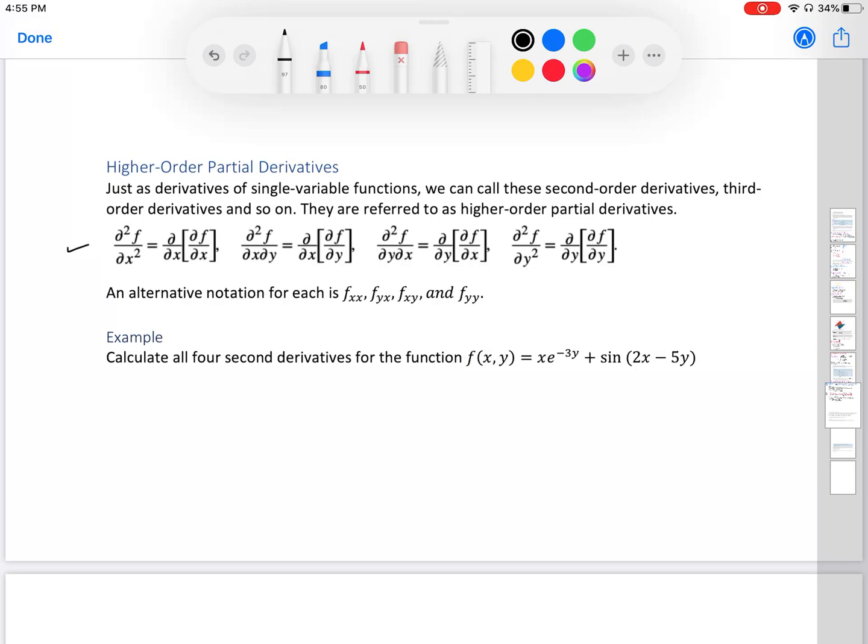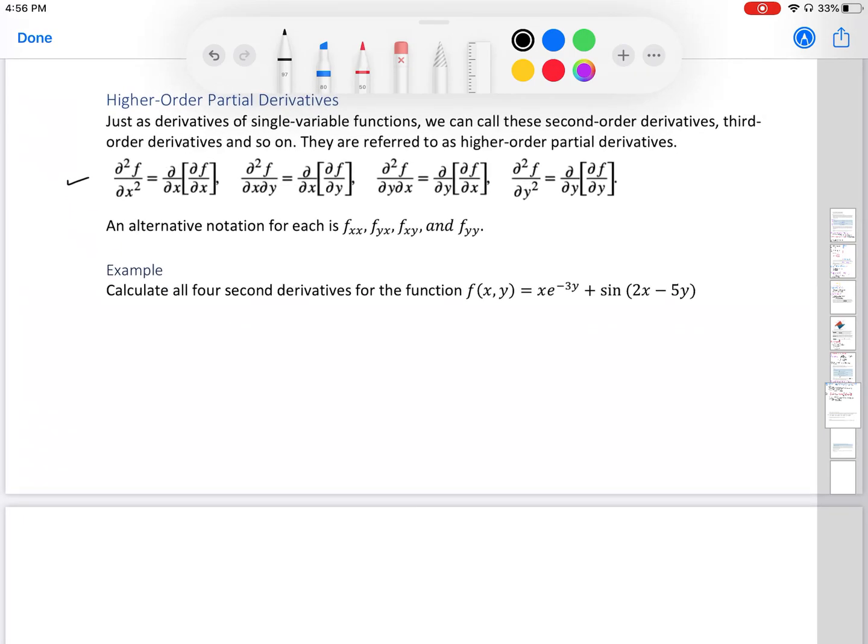So when it's talking about the four second order derivatives, what is it asking? Well, we need to find the first order derivatives, right? So it's not asking for them, but we need to find df dx and also df dy.